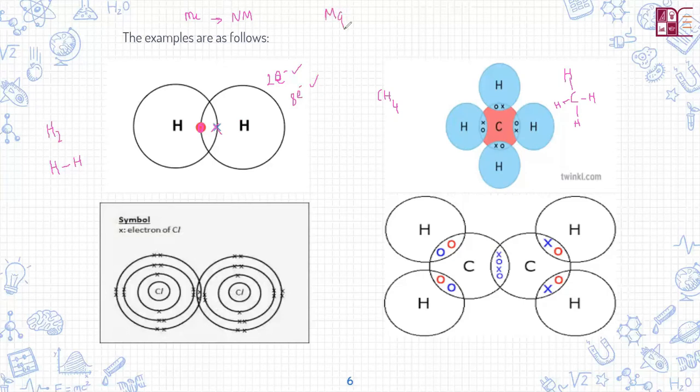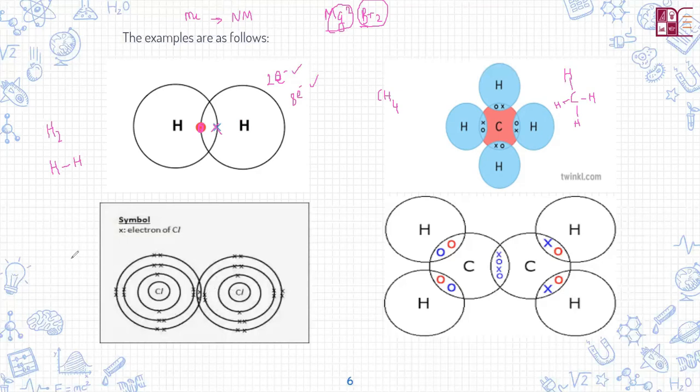Magnesium is Mg, and it needs to either give two electrons or share two. So it will combine with two bromine atoms. Magnesium always comes first because it is a metal, and bromine comes later because it is a non-metal. Whenever you name the compound, or write the chemical formula of the compound, metals always come first, and then non-metals.